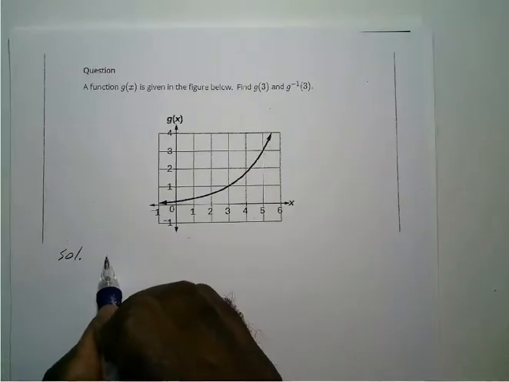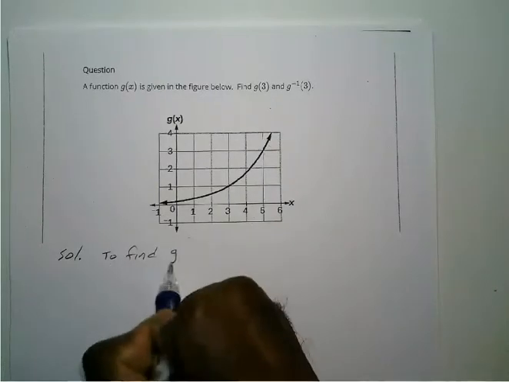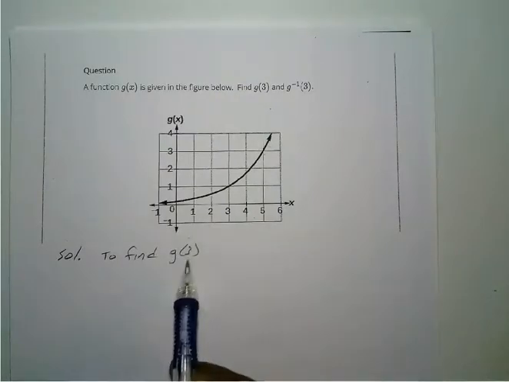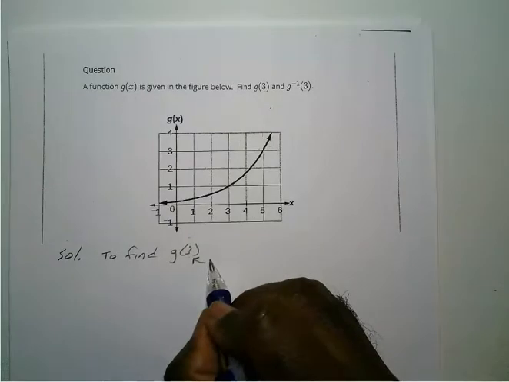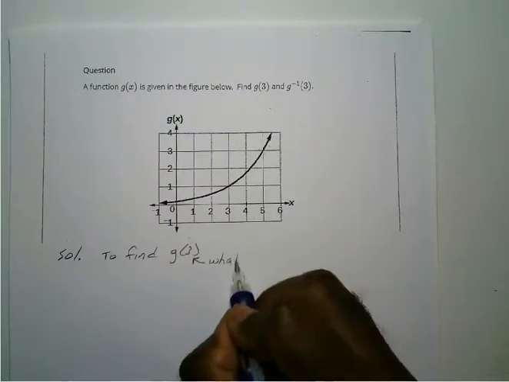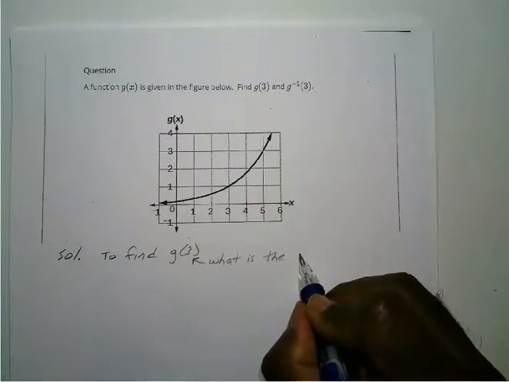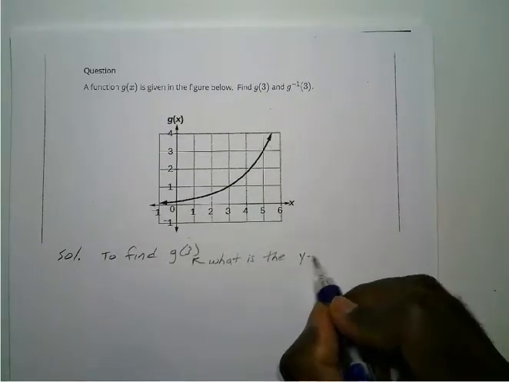Okay, so let's say we wanted to find g of 3. Really all that's saying is, what is the y value, but it's really g of x, so we'll just simplify it.